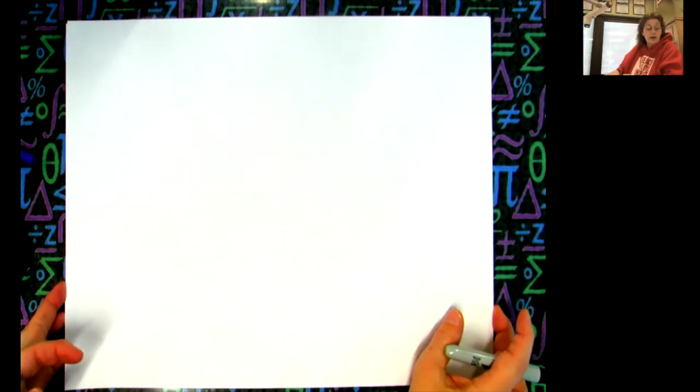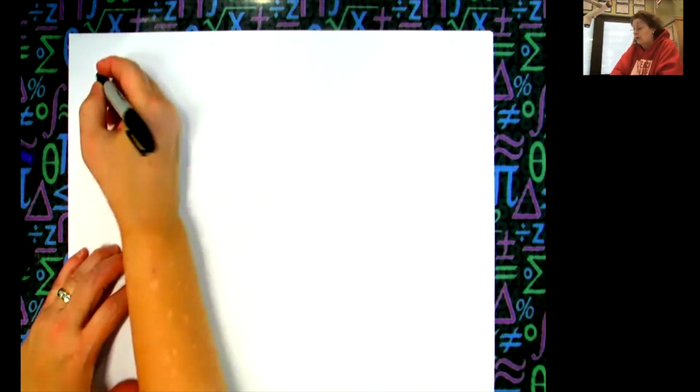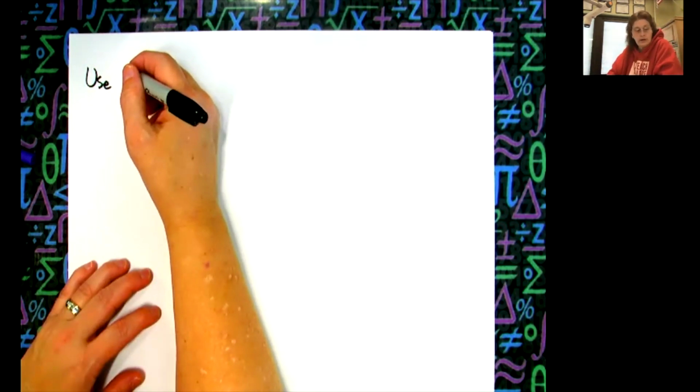Now let's take a look at what your textbook is going to do first. And then I will show you what it would look like if we take a written test with me.